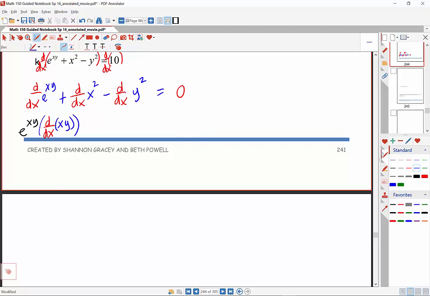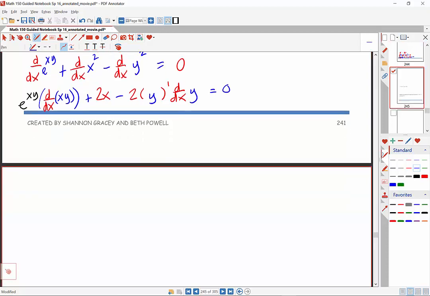And then the next one is just explicit, it's just going to be 2x. And then this one you had practice on before: 2 times your something to the 1 times the derivative with respect to x of your something. And that's all still equal to 0.